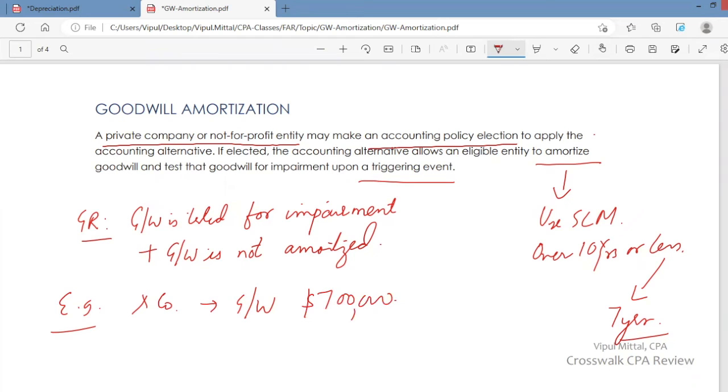This is the carrying amount of goodwill. And this is to be amortized over a period of 7 years, let's say. The entity feels that this is more appropriate and they can justify this. So this is amortized over a period of 7 years.